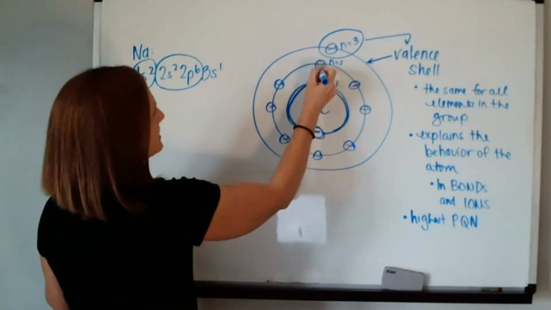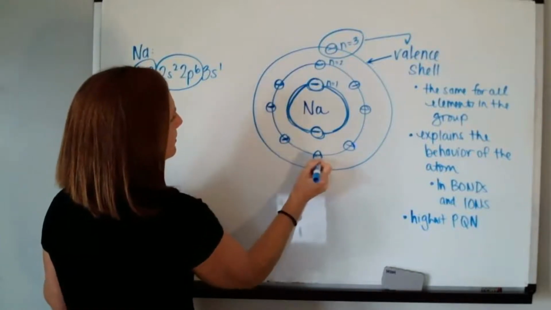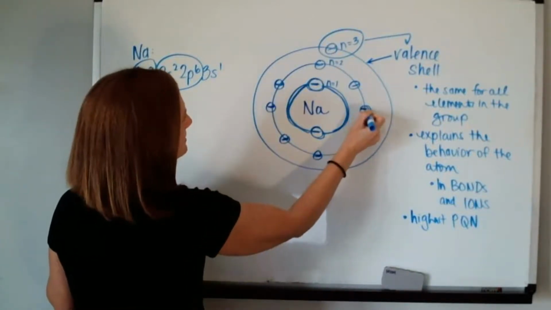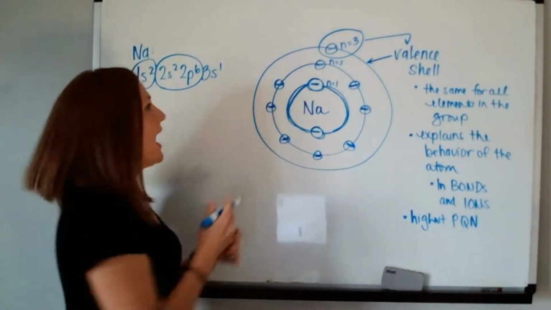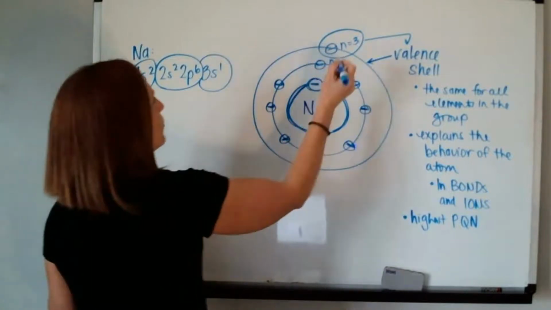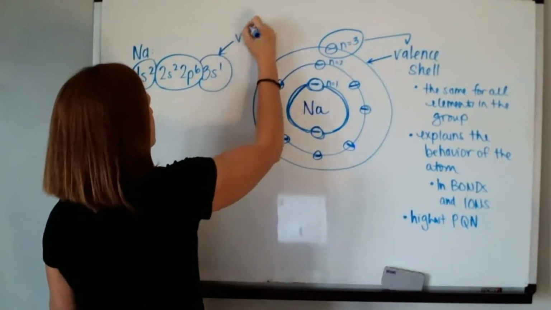And those are represented here: 1, 2, 3, 4, 5, 6, 7, 8. So that's 10 electrons. And one more with my highest energy level. This one is my valence shell.